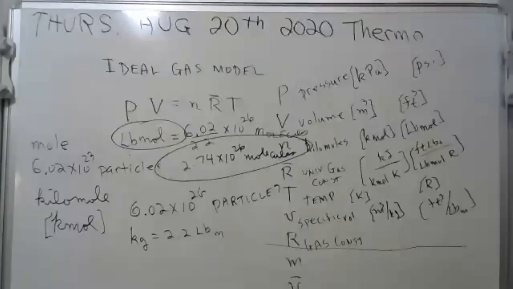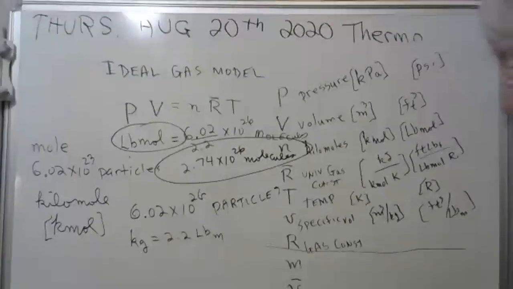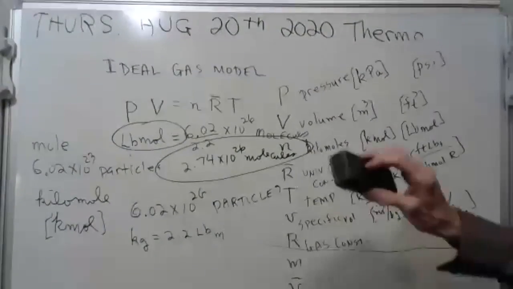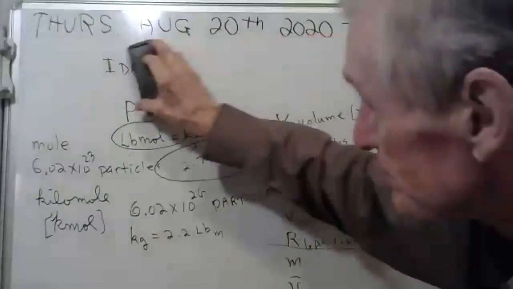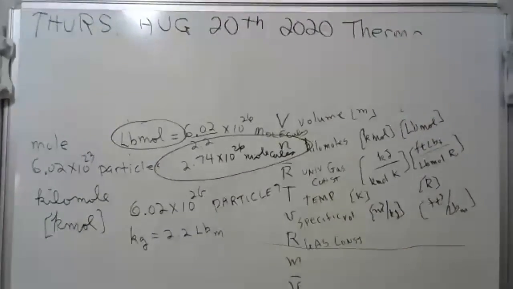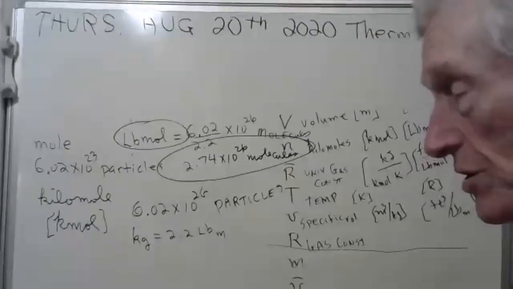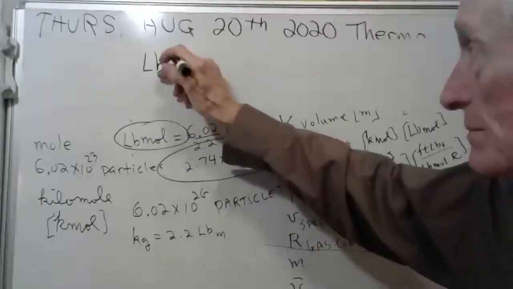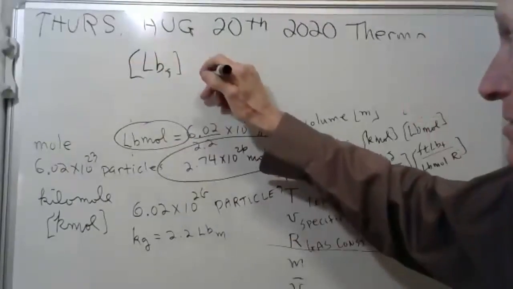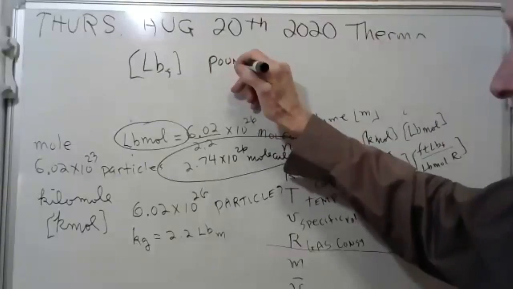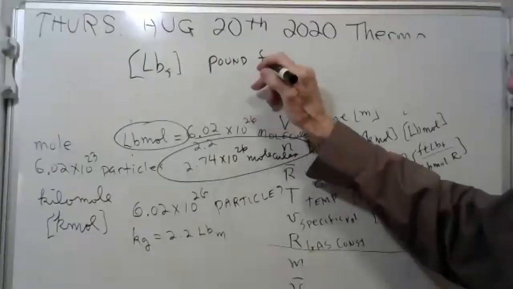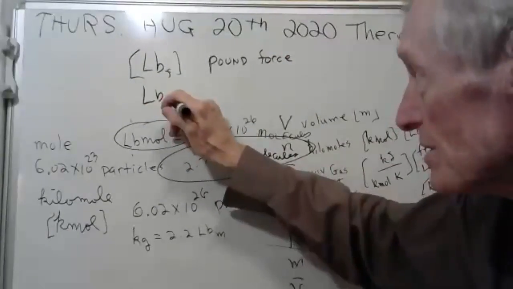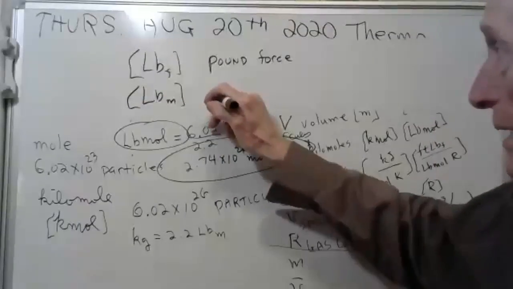One last thing, and then we're going to have to say goodbye. It's been fun. In this class, there are pound forces and pound masses. Here, let me write that for you. This is the English engineering system. There's a pound force, written like that, and then there's a pound mass. These are different, guys.